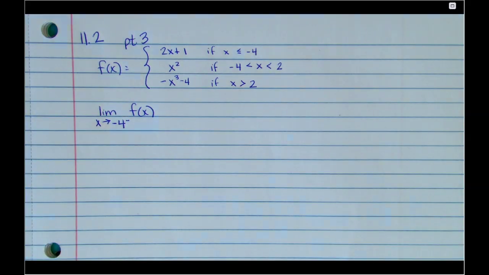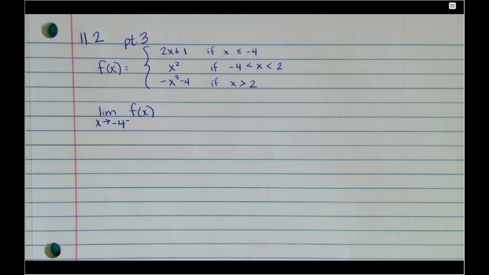This requires just a smidge more writing, literally one extra step than before. What you have to do is figure out which piece would be on the left side of -4. It's either the top or the middle, because those are the two pieces that involve the -4.